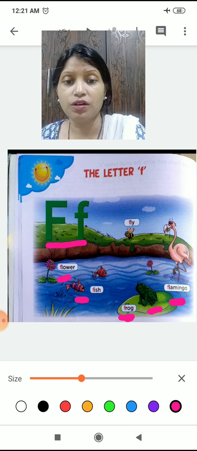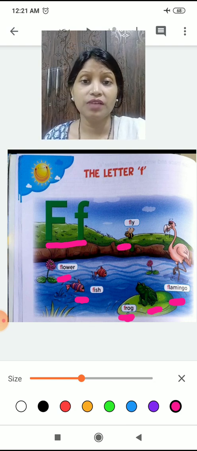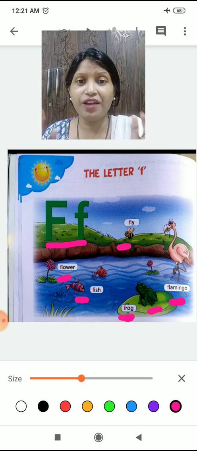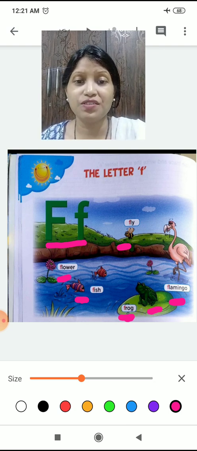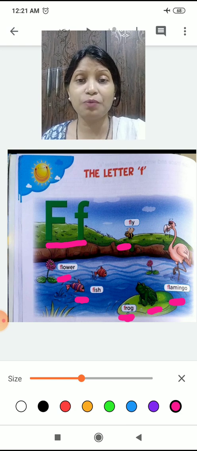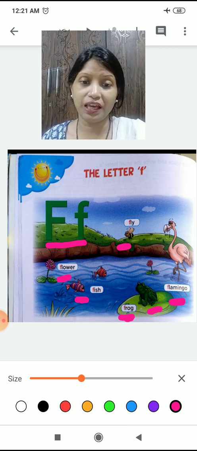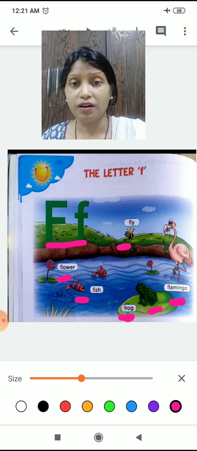Now what is it? F is for fly. Yes, near the grass you can see these flies, right? F is for fly. So what have we learned?